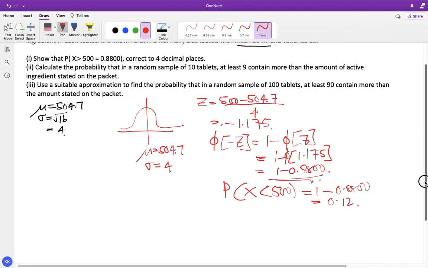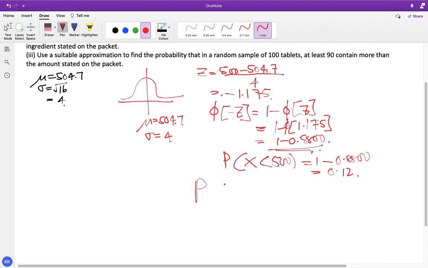But the question here is X greater than 500, therefore the answer is 0.8800. If you use MF19, you have to be very careful about the area you are getting. It is on the left, so I have to subtract, but that's not the area that I want.